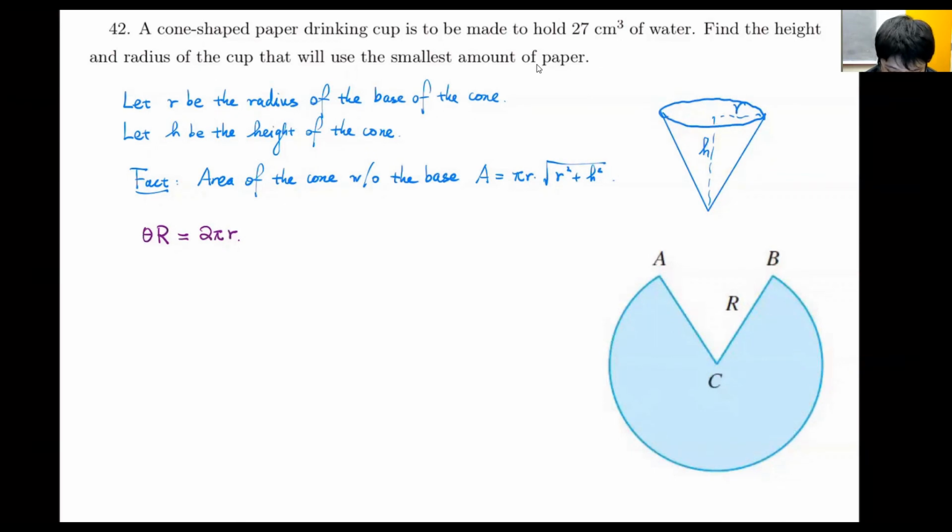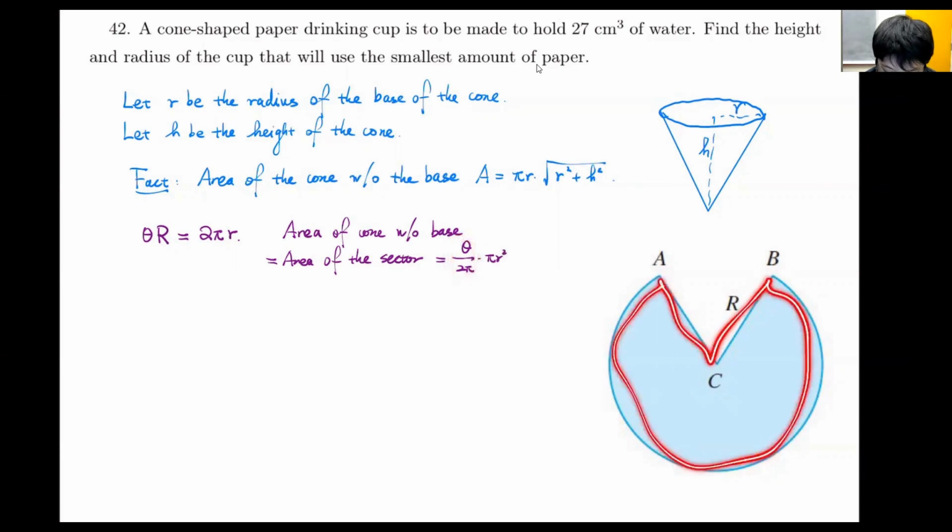But now we are looking for the area. The area of the cone without base is the same as the area of the sector. The area of the sector is theta divided by 2 pi times pi R squared, because this is precisely the ratio of this sector compared to the whole disk.